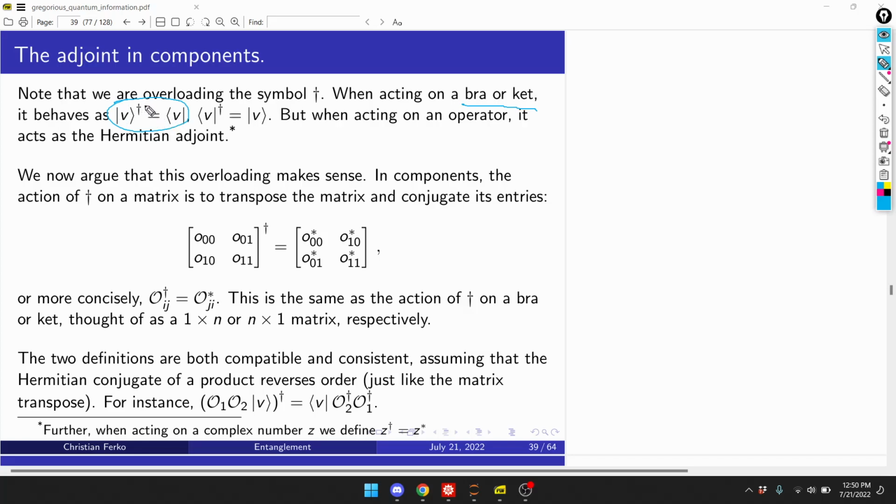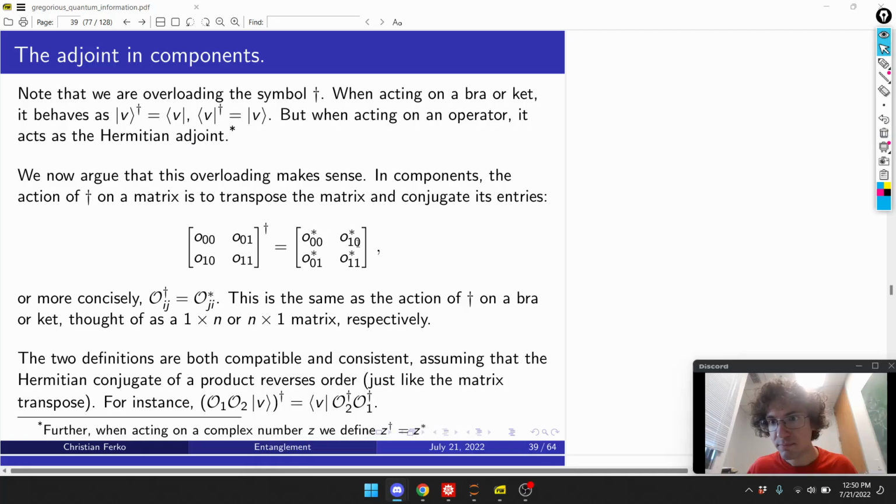So ket v dagger is bra v, and bra v dagger is ket v. But when acting on an operator, it's the Hermitian adjoint defined on the previous slide. So there's really 3 notions of dagger. When dagger acts on a bra or ket, it does this. When it acts on an operator, it does adjoint. And in the footnote, it says when acting on a complex number, it just does complex conjugation. That's what I mean by overloading.